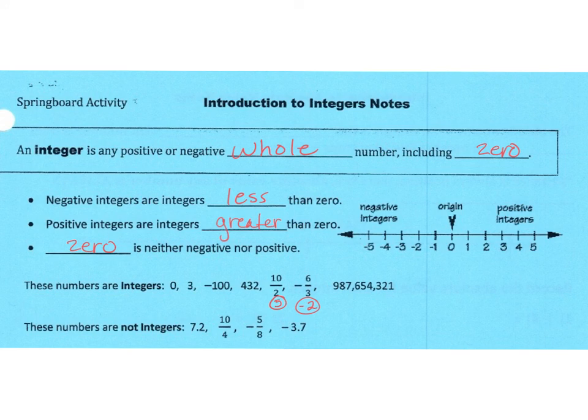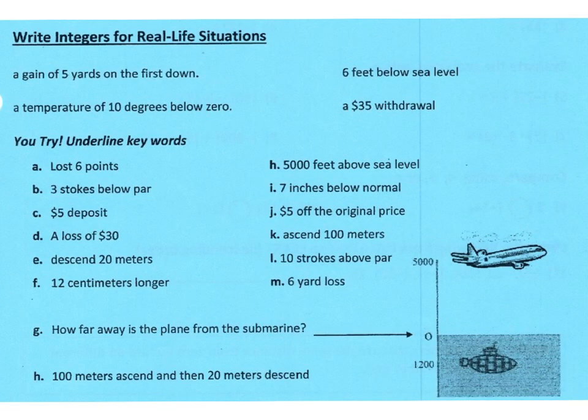Now to the bottom of your notes, we're going to talk about some ways that we use integers in real life. There are lots of situations that we represent in our daily lives, especially when you're hearing things on the news or going to different stores and places of business, that we represent using an integer.